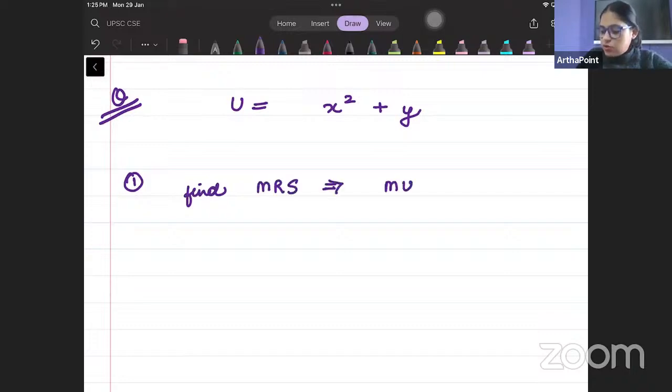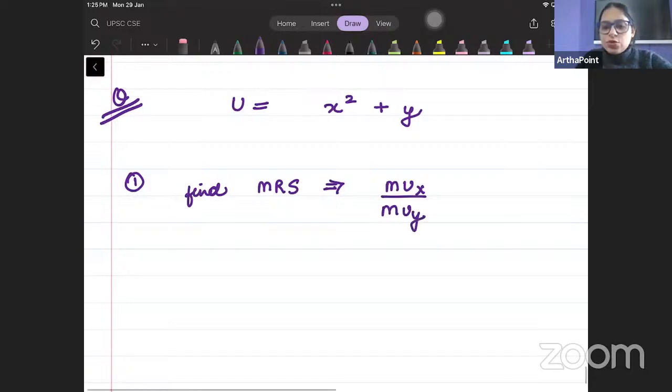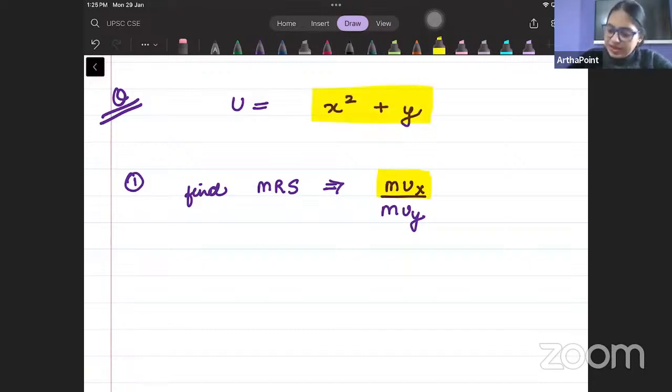MRS is MUX by MUY. What is MUX? MUX is marginal utility of good x. So you have to differentiate this function with respect to x. तो जब करोगे तो क्या आ जाएगा? 2x. Then differentiate this function with respect to y. You will get 1. So your MRS will be 2x.